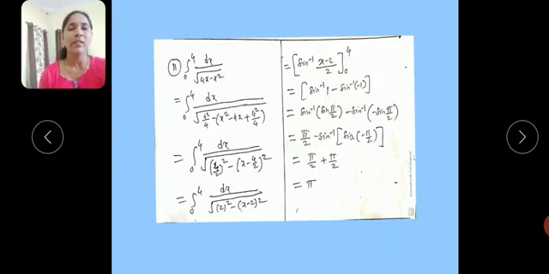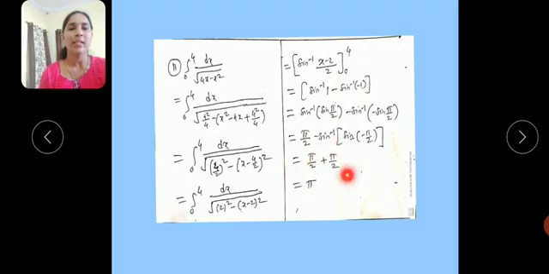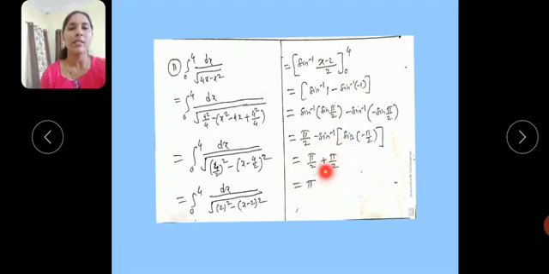Here also, sin inverse of minus sin theta is equal to sin inverse of sin minus theta. This is equal to minus sin inverse of sin of minus pi by 2. Minus minus we get plus. This is equal to pi by 2 plus pi by 2 is 2 pi by 2. Here 2 gets cancelled, only the value pi remains.